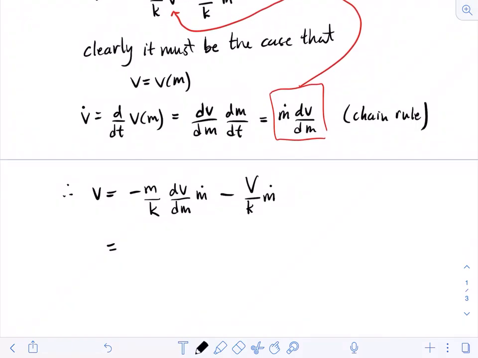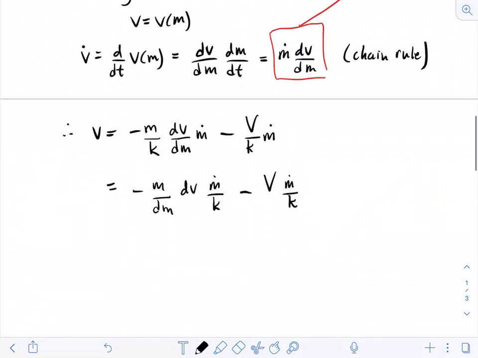Just rearranging some of the factors in these terms, we have minus m over dm, and then we have a dv, and then we have an m dot over k, and we have a minus big V m dot over k. So both of our terms have an m dot over k.